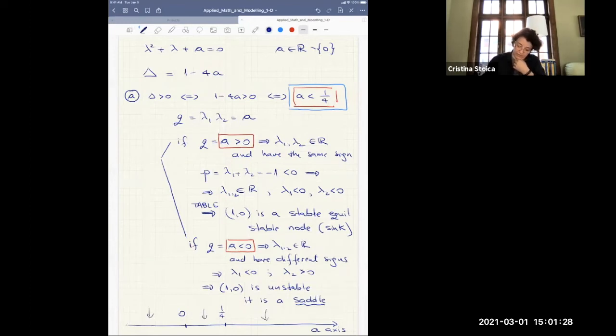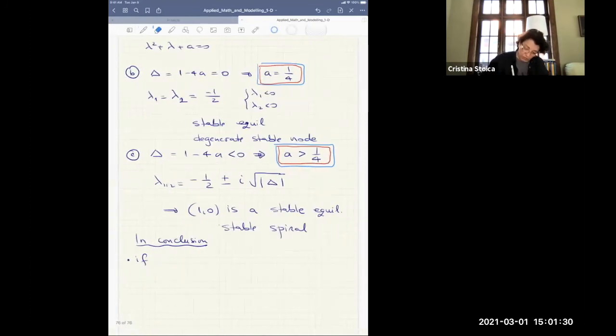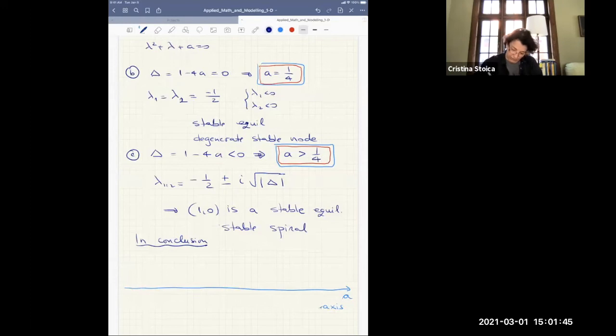And in each one is something else. Maybe I should do the conclusion like this. This is a nicer way to represent this stuff. So this is the a axis, the parameter axis. And as I said, we have 0 and 1 over 4 as points of interest.